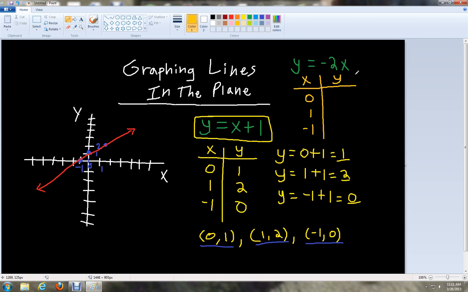To the side over here, we'll figure out the y coordinates for these values of x. We have y equals negative 2 times 0, which is 0.